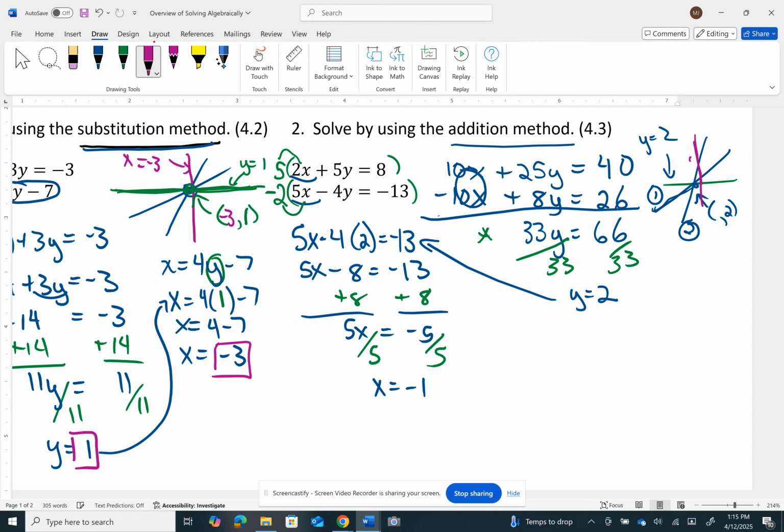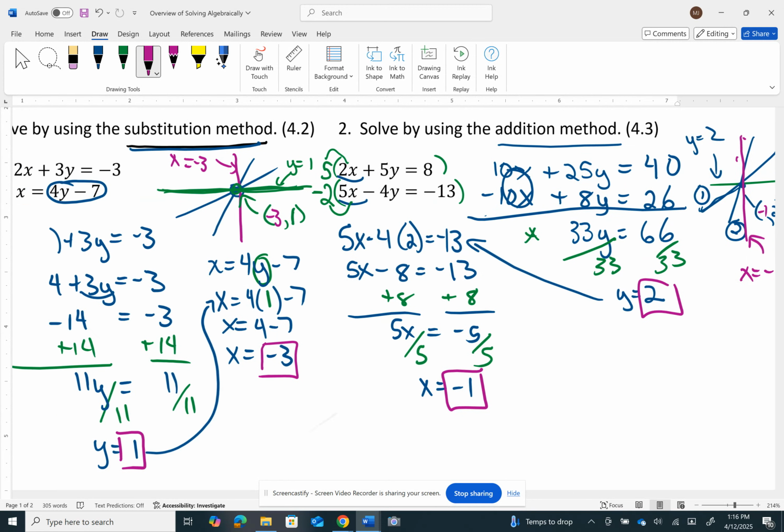Oops, I'm trying to make it go through that point of intersection. That vertical line right through that point of intersection. Okay? And the vertical line has the equation x equals negative 1, so I now know the point of intersection should be negative 1, 2. So where x is, you put negative 1. Where the y is, you put the 2.